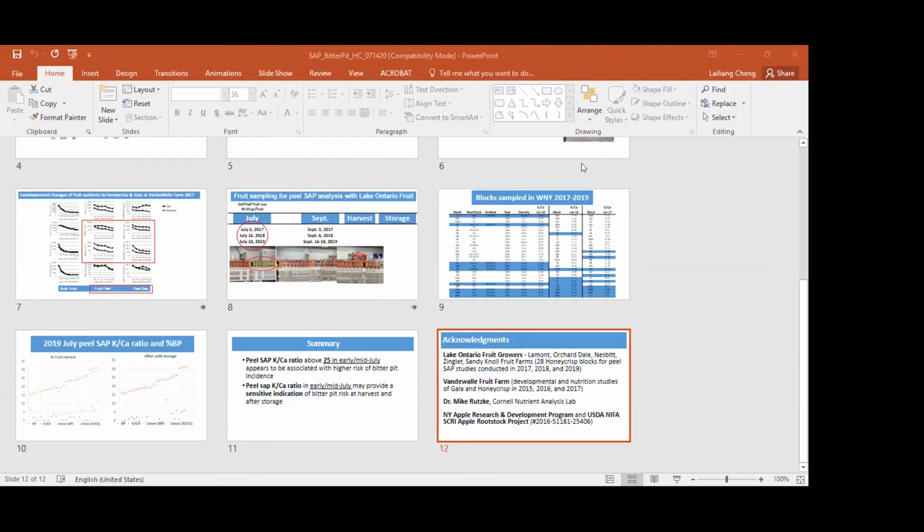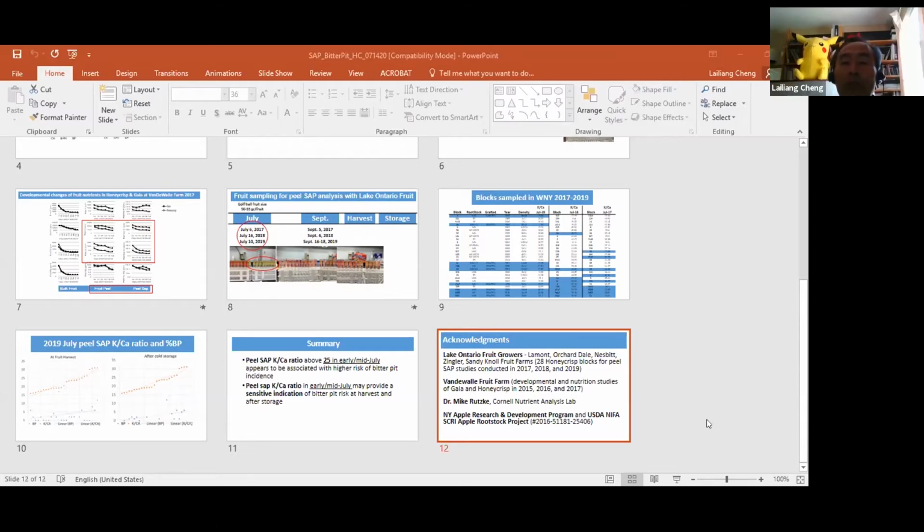Okay, we have another question. Would you expect similar results if you did dry peel analysis similar to what we do with leaf analysis? Actually, we first did the dried peel tissue analysis.